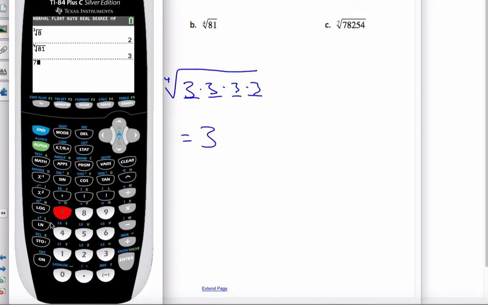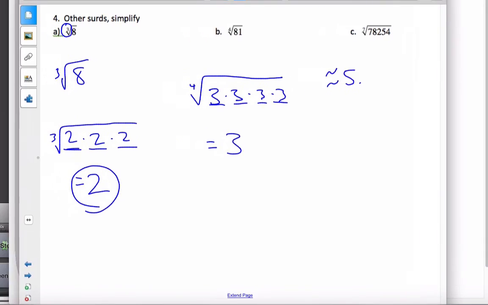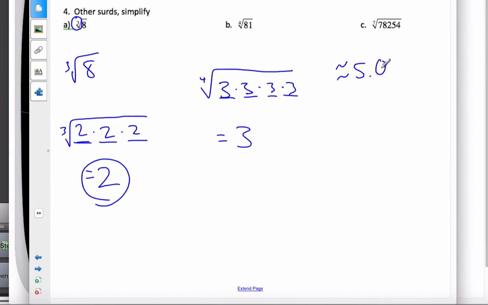Well, I'll start with 7, go to math, hit number 5, and the number 78254 is approximately 5.001011. So to 3 significant figures, 5.00 is the answer to that problem there.